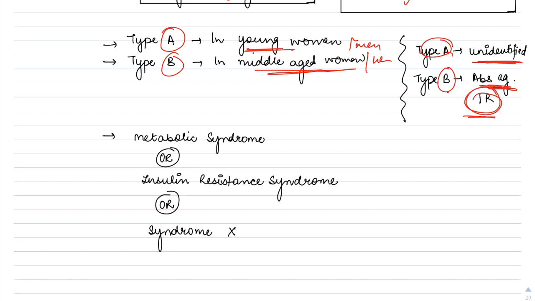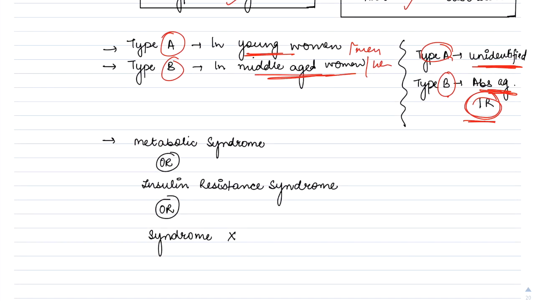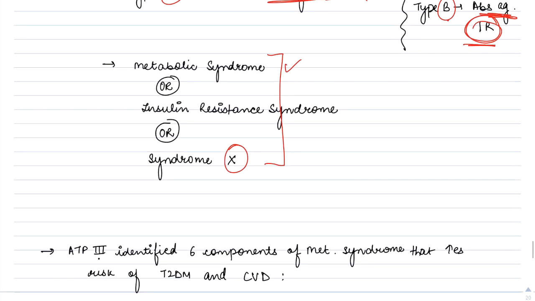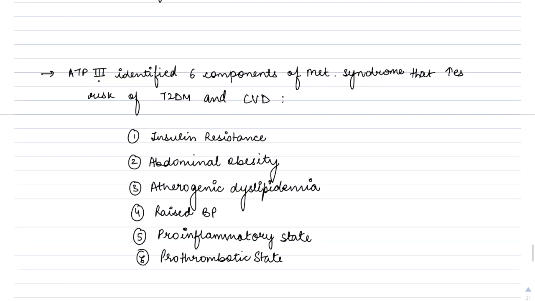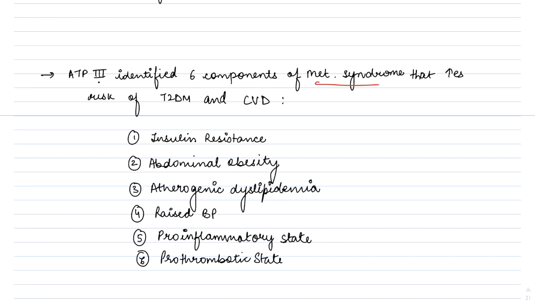Okay. So the first spectrum is the metabolic syndrome, or the insulin resistance syndrome, or syndrome X. The ATP3 identified 6 components of metabolic syndrome that increase the risk of development of type 2 diabetes and cardiovascular disorders.